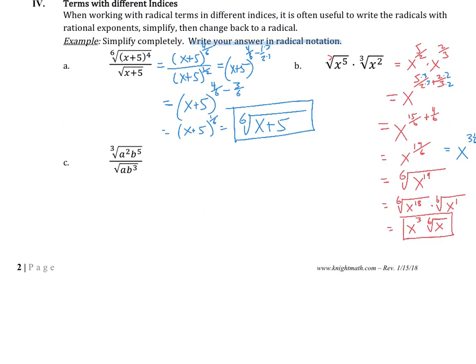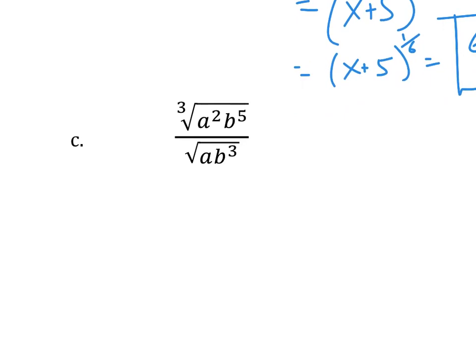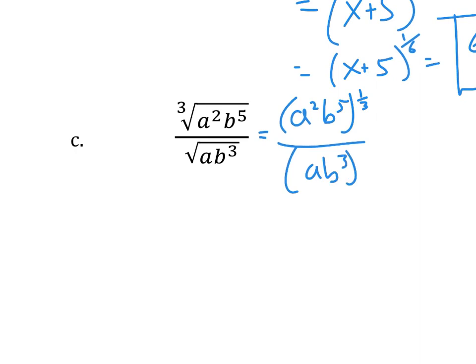Okay? All right. One last one. If you want, you might pause this and try it for good practice. Again, notice that we have different indices. So we got to write this with fractional exponents. We've got all of that to the 1/3 power. We have AB cubed to the 1/2 power. Now, this is all multiplied. Notice, there's no addition.